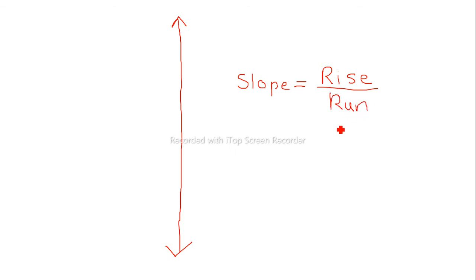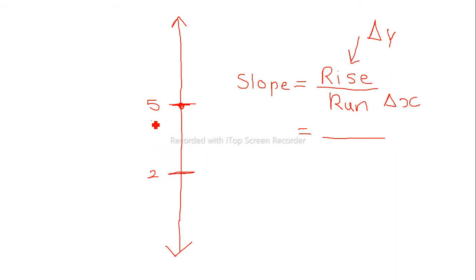So the slope is equal to change in y, so we say delta y, divided by change in x, so we say delta x. If we look at this line, let's say this point is 5 and this point is 2.